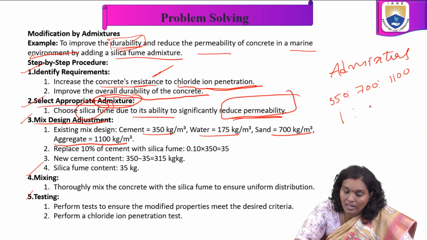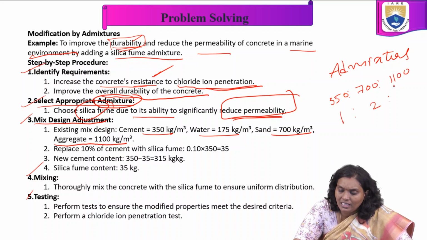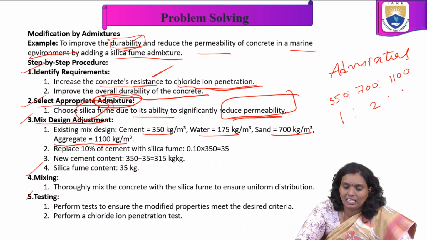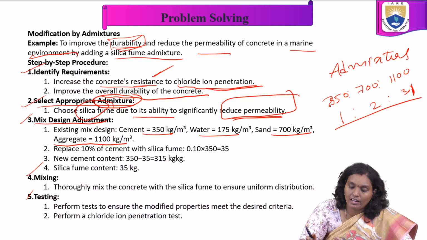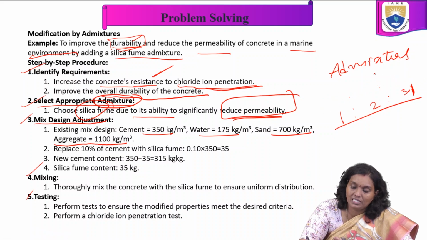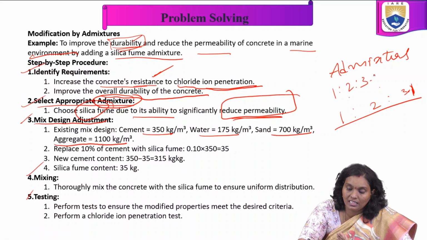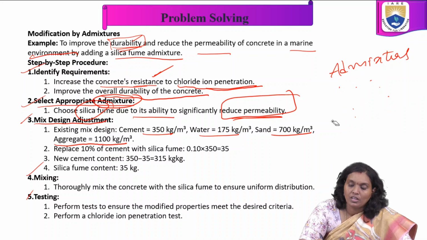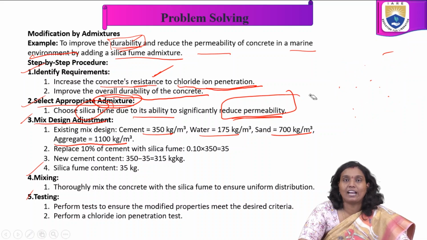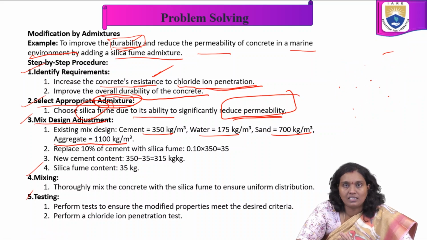This is equal to 1, this is equal to 2, and this is nearly, not exactly, 3, somewhat like 3.1. This is the mix proportion, so we are scaling to 1, roughly 1:2:3, though it may be 3.2 according to the calculation. Like this, we are understanding the existing mix design.